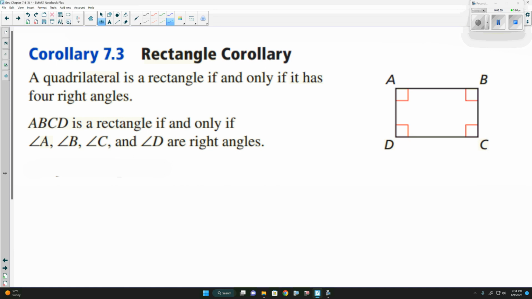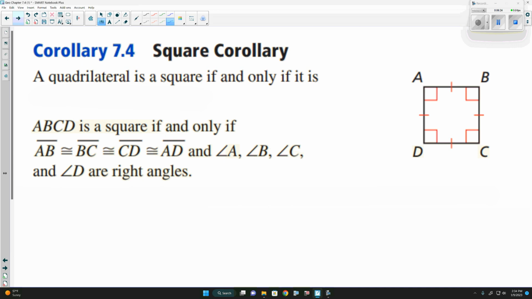Are we ready for the last one? A quadrilateral is a square if and only if what? It's a rhombus and a rectangle. Yes, because if it is a rhombus and a rectangle, rhombus says it has 4 congruent sides, rectangle says it has 4 right angles.